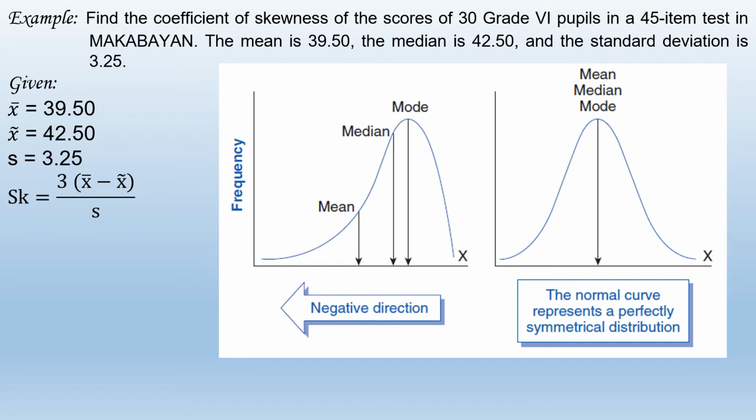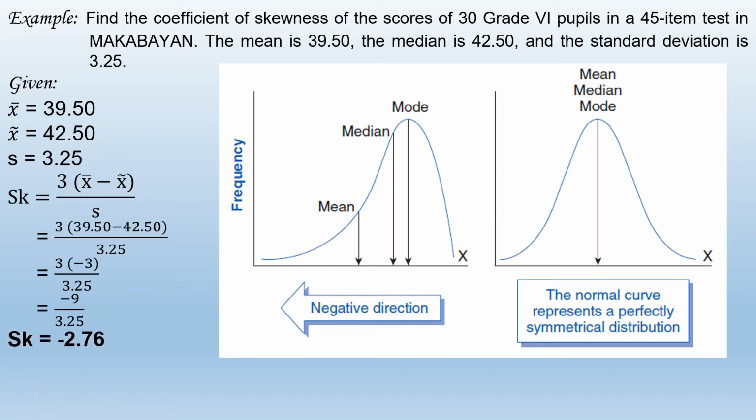We have 3 here, and then x minus x bar divided by s. Right after that, that is 39.50 minus 42.5, and the answer would be 2.76.